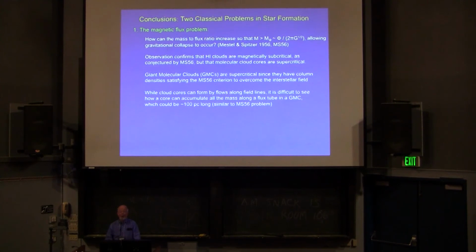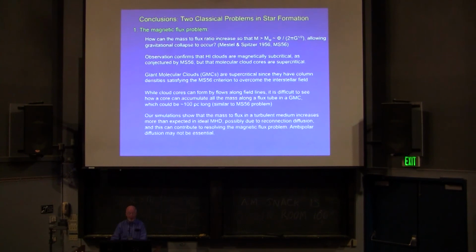So while cloud cores can form by flows along field lines, it's really difficult for me at least to see how, if I have a 100 parsec GMC, I can contract all the way over the 100 parsecs to form this one solar mass star. It just doesn't make much sense that you have to gather gas from such huge distances to form a star. So this is basically similar to the problem that Mestel and Spitzer pointed out.